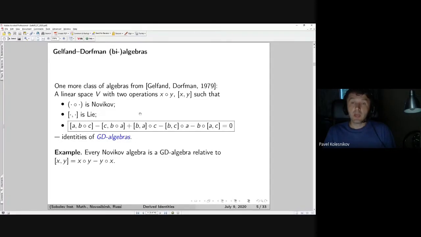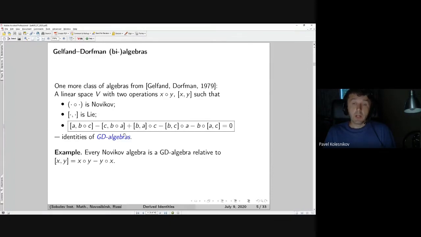These algebras have two binary operations, circle and bracket. Bracket is a Lie bracket, satisfying the identities of Lie algebras. Circle is a Novikov algebra. And there is a single relation which defines the interaction between bracket and circle. This strange-looking identity is given here.